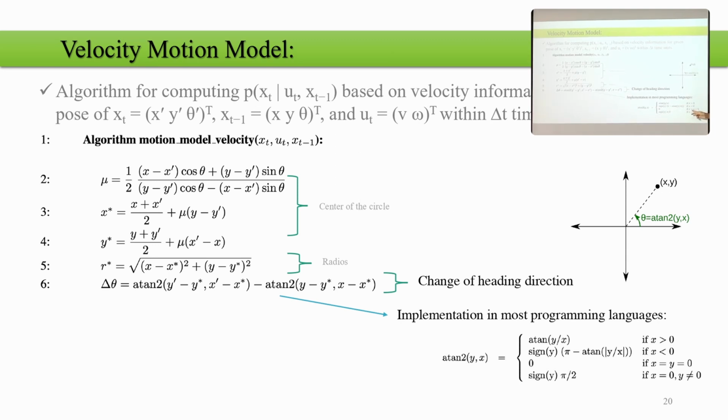If x and y are both 0, we put 0 there, and if x is 0 and y is not 0, we just use the sign of y. That's how we can calculate arctangent, and it can be applied on this. Then we finally have delta theta. That delta theta represents the change of the heading direction of the robot.